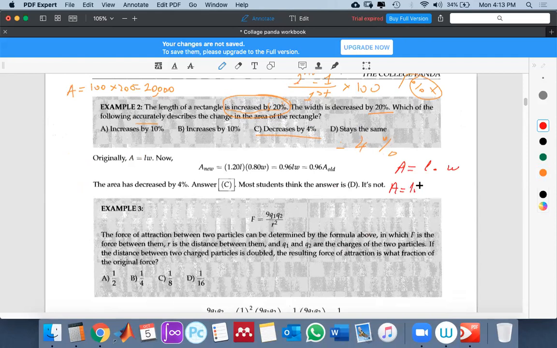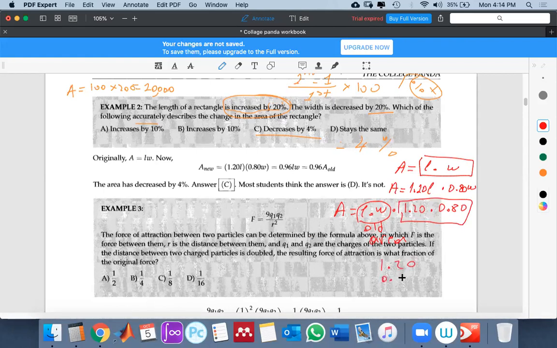That means the length becomes 1.20 L, times width, decrease 20% means 0.80 W. So when you calculate this, area is equal to L times W times 1.20 times 0.80. So L times W is the old or original area as I started. So this is the difference.